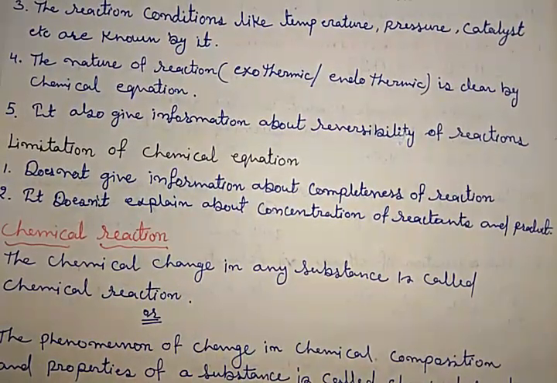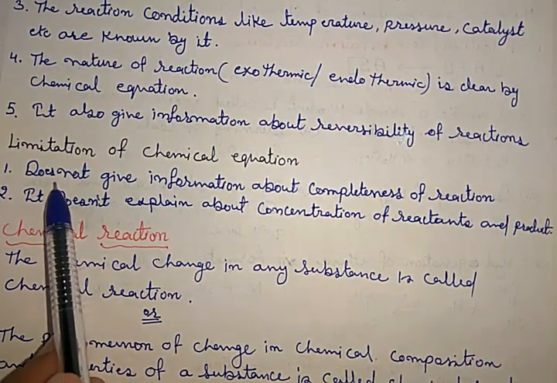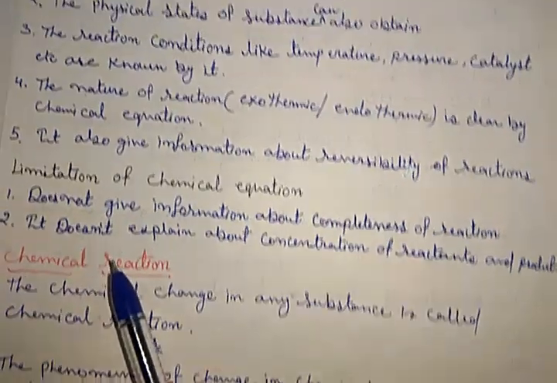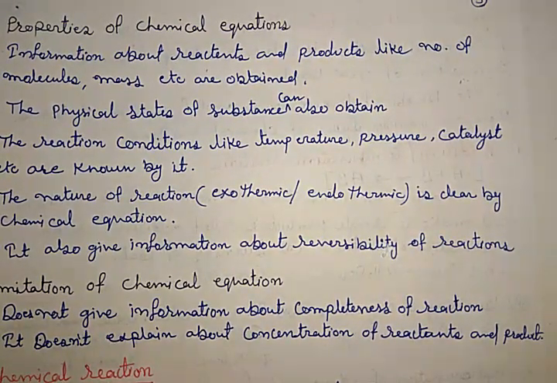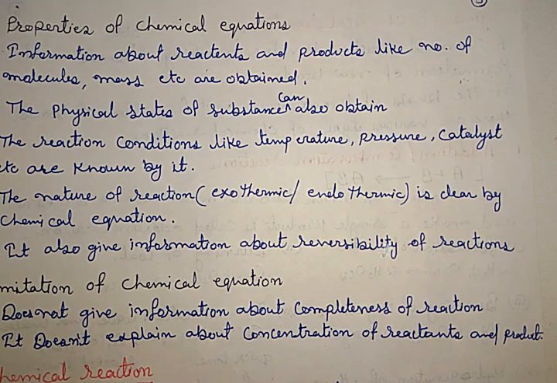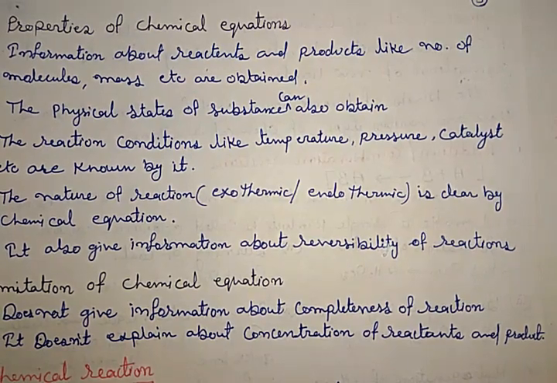Now it has some limitations also. First limitation, it does not give information about completeness of reaction. By looking at a chemical equation, we cannot get the information about how much time the reaction takes to complete. Okay.